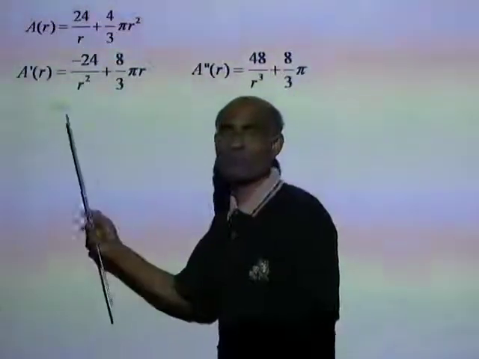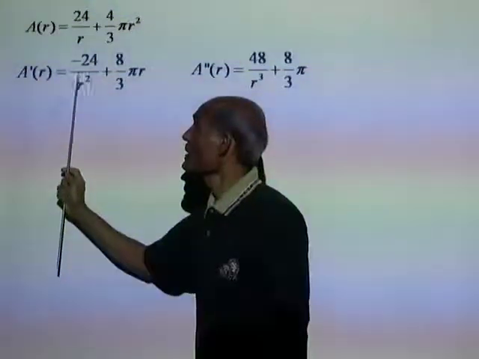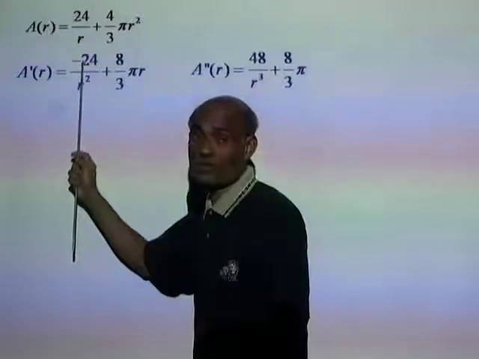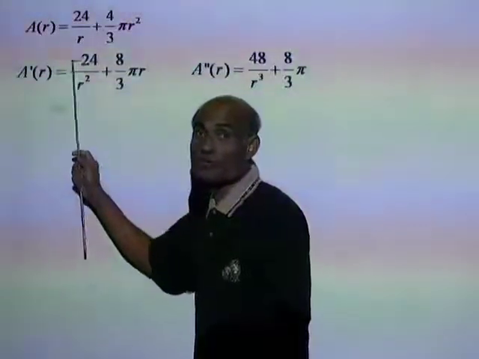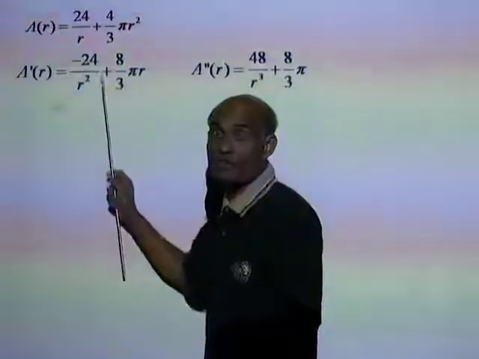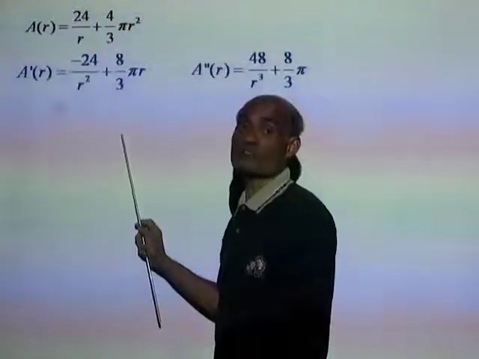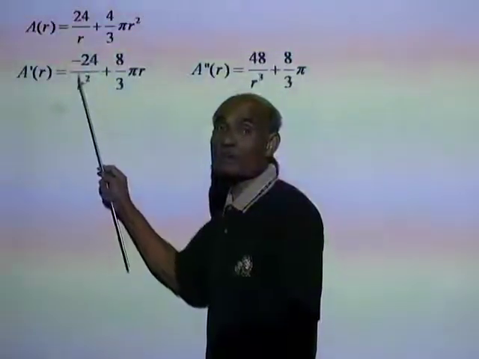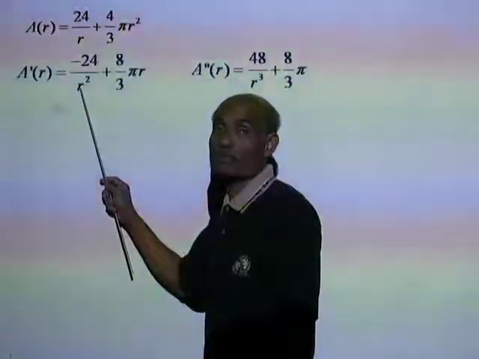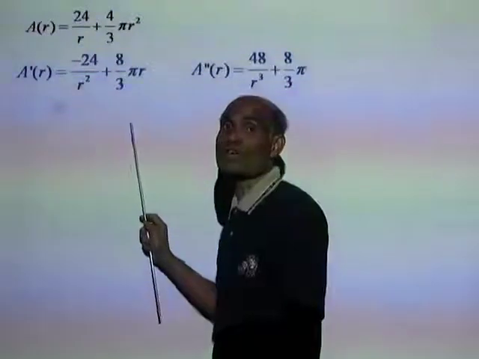Did you get that? One more time. It will be r squared times the derivative of negative 24, which is 0. So on the numerator you have 0 minus this negative. Minus negative becomes positive. 24 times the derivative of r squared, which is 2r. 24 times 2r is 48r.